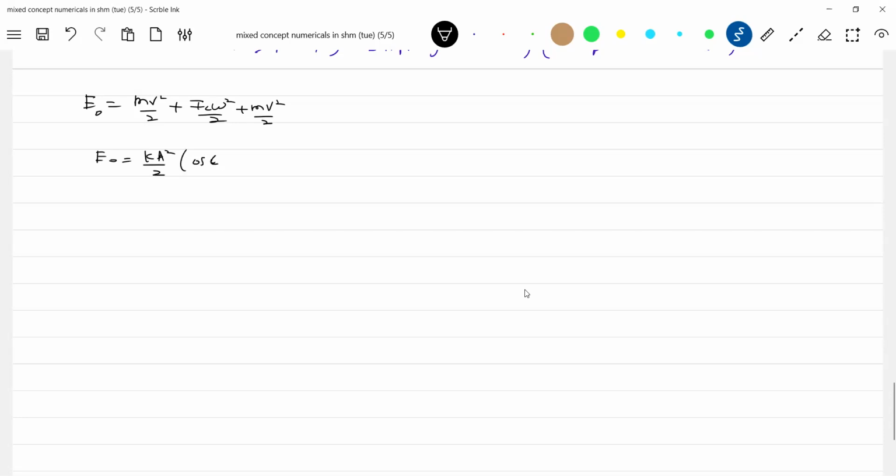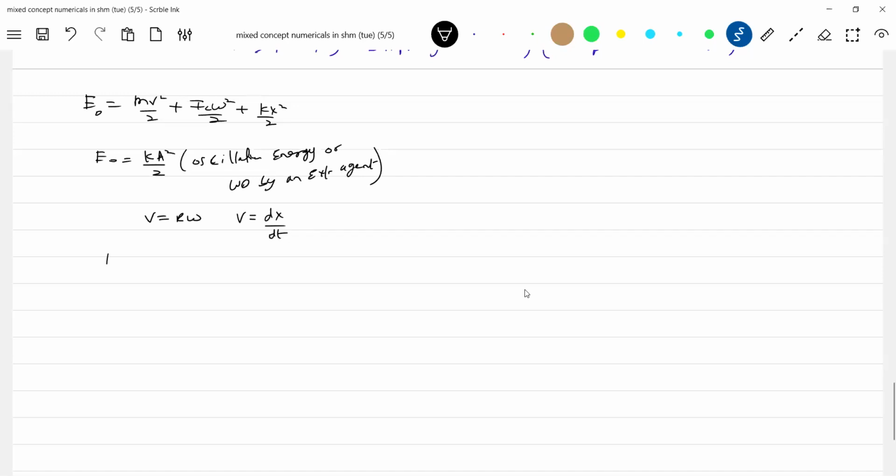This is the oscillation energy, or work done by an external agent. Then what is V? V equal to R omega. I think I wrote it many times. Let me write here: V equal to R omega, and in fact V equal to dx by dt.